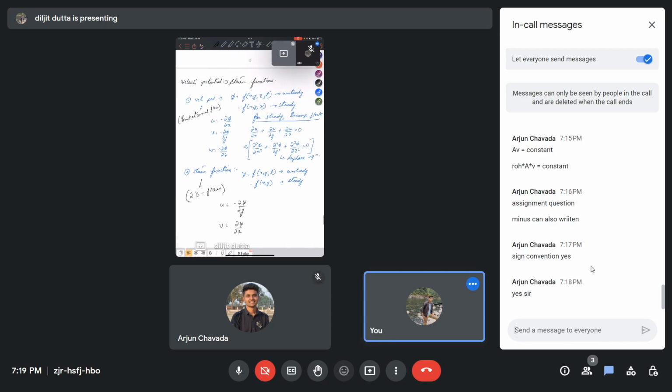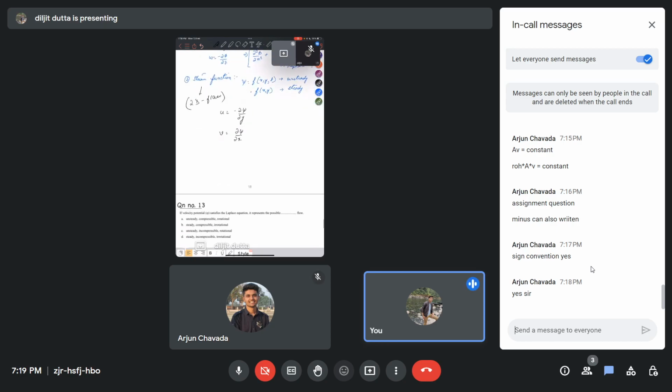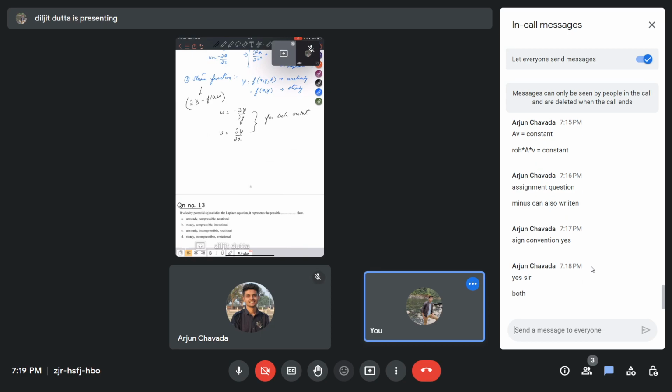This exists for both rotational and irrotational flow.